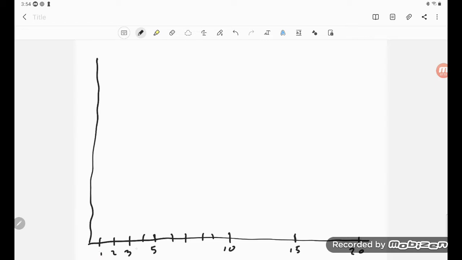Of course, my spacing's a little off. 11, 12, 13, 14. And I won't fill in the 15 to 20.